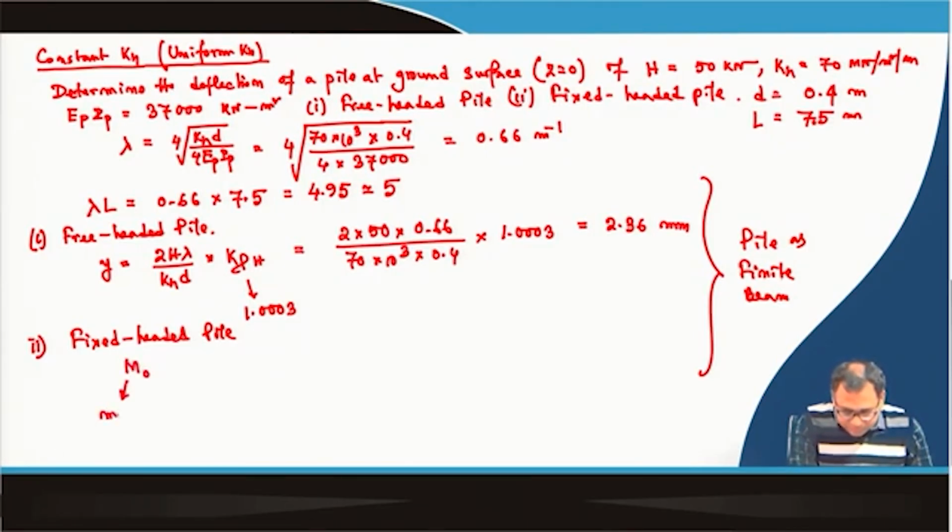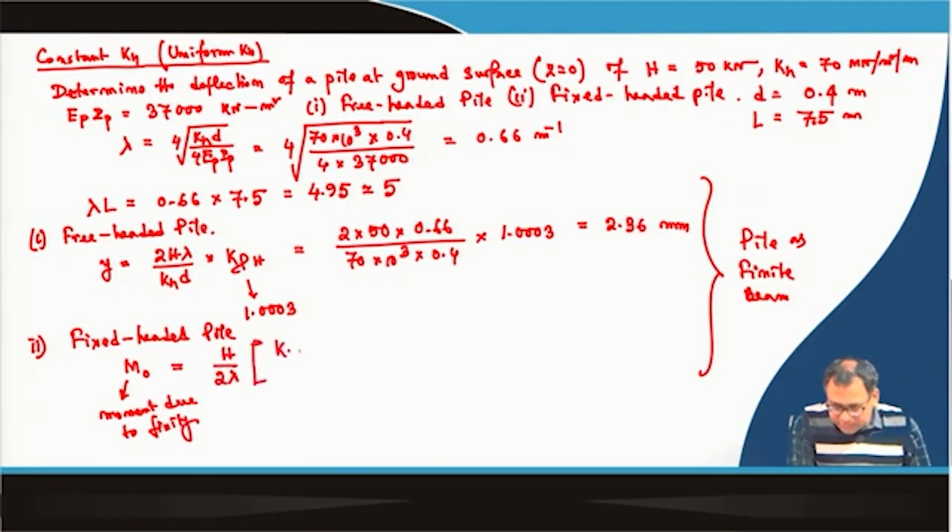So, that moment expression is given as 2 by h by 2 lambda k theta h at z equal to 0 and k theta m at z equal to 0.